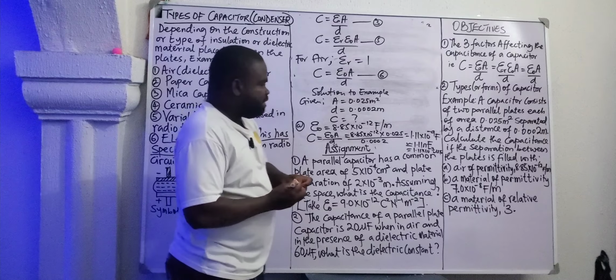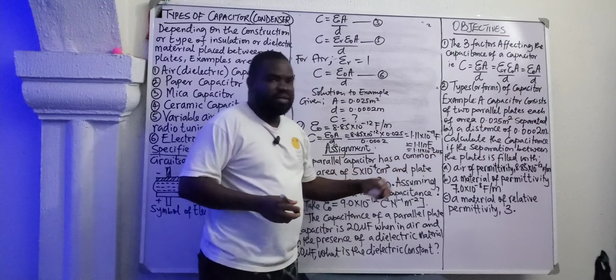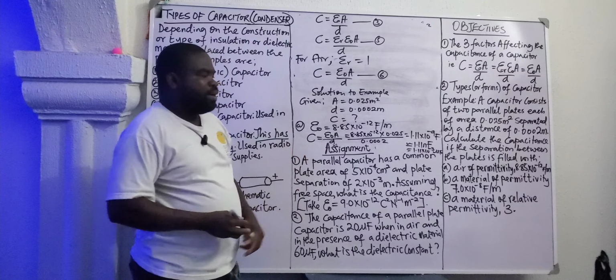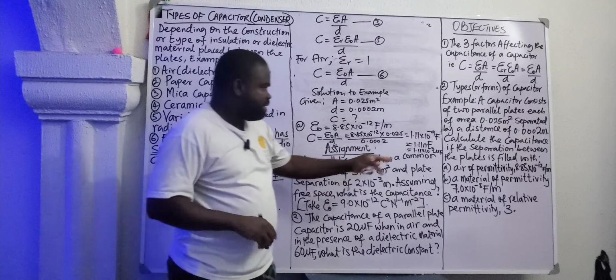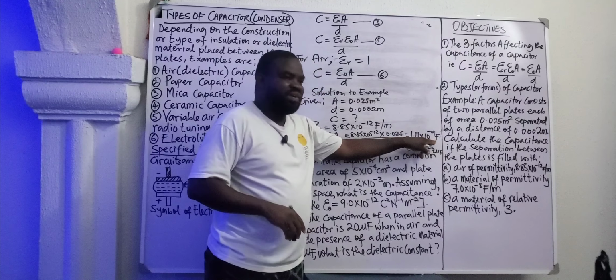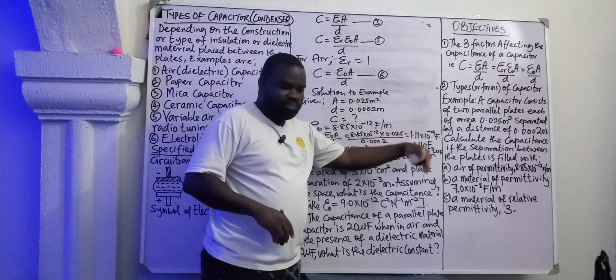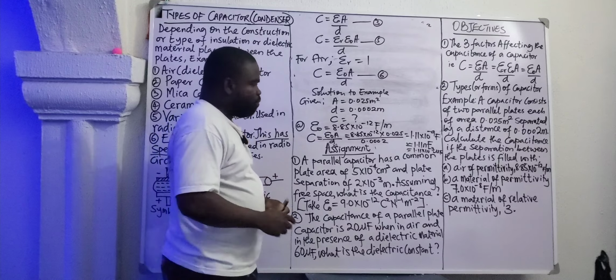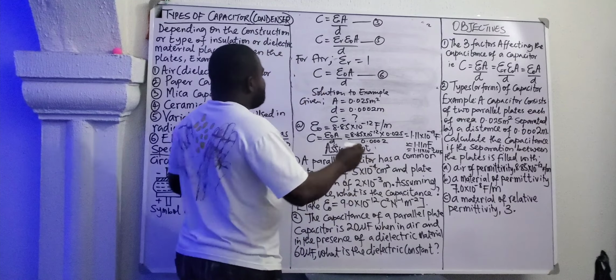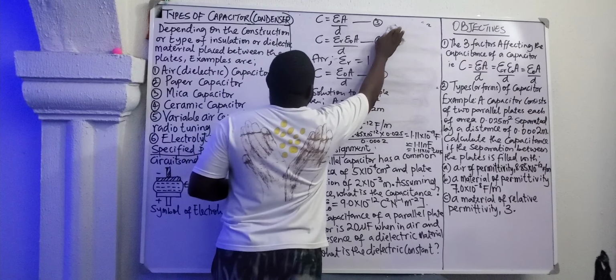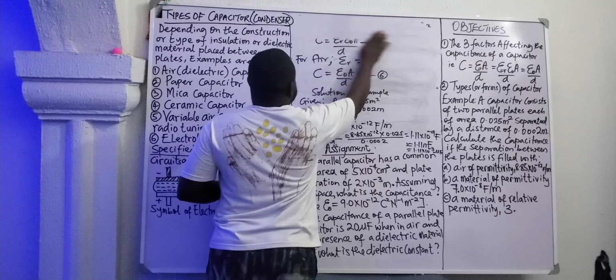So all of these are different ways of expressing the unit of capacitance. But I have said in the last class, the SI unit is actually farad. All these other ones are just simple ways of representing the submultiples of the units.